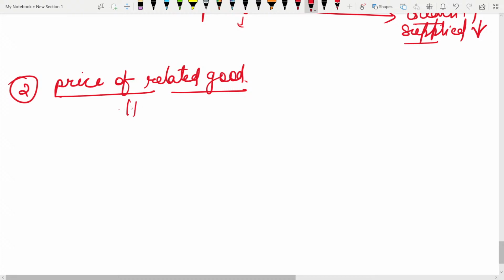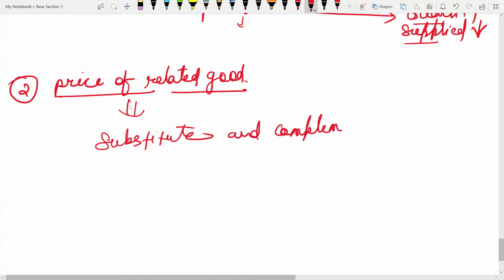Price of related goods we can say covers substitute goods and complementary goods. Substitute goods are those goods which can be substituted instead of each other. And complementary goods can be used together.